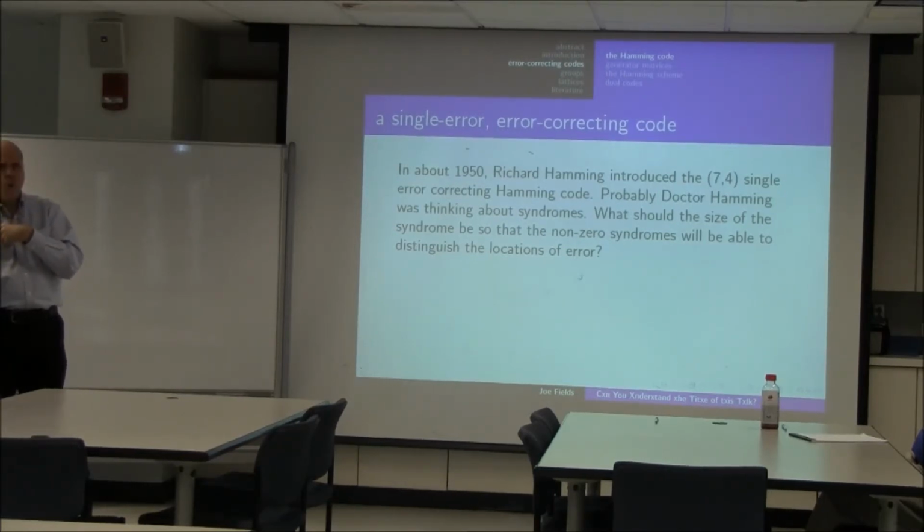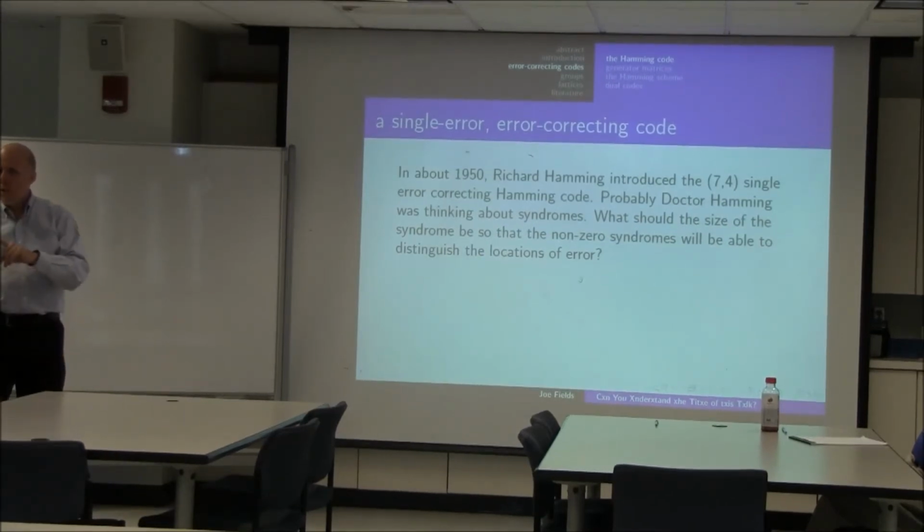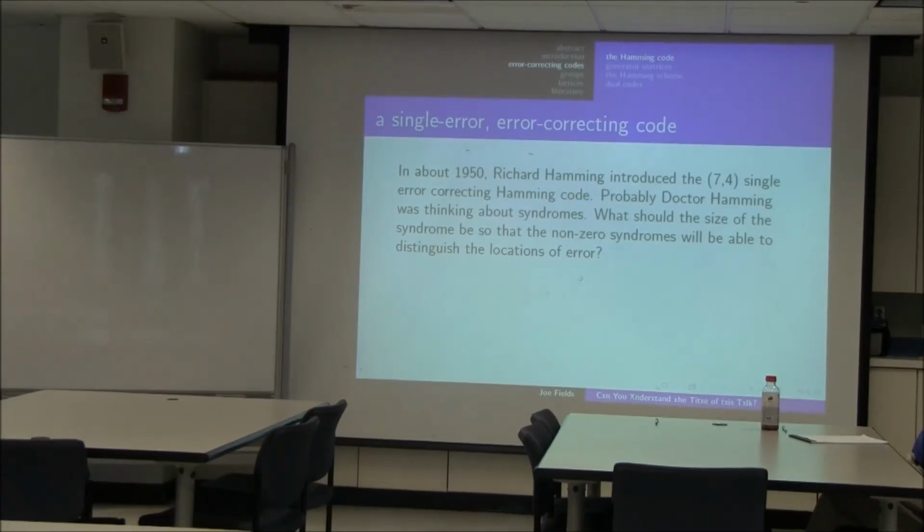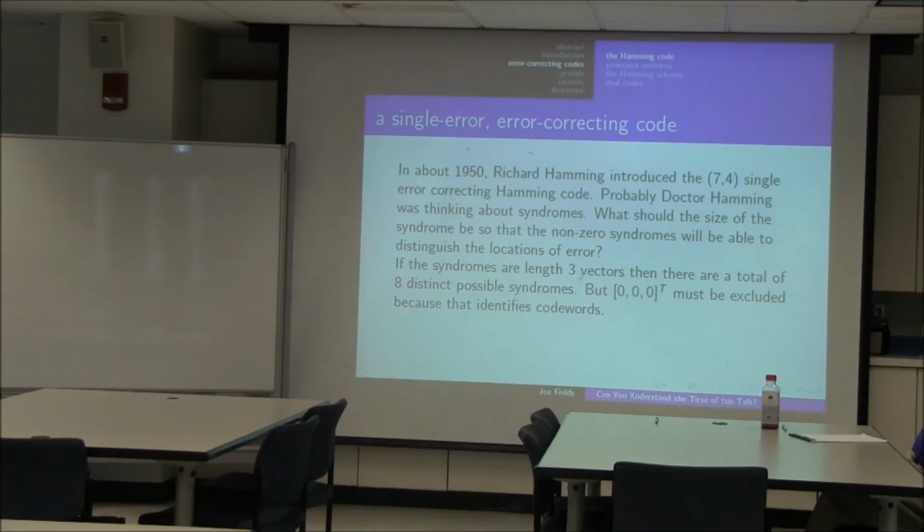All zeros, that's code words. Then 1, 0, and 0, 1, and 2 ones. So I've got 3 non-zero syndromes. That's not going to do it. If they're length 3, 2 cubed is 8. So you'll have the 0 vector as a syndrome, and then 7 non-zero things. And if you're clever, you can figure out how to use those 7 non-zero things to locate an error. But Hamming was pretty smart.